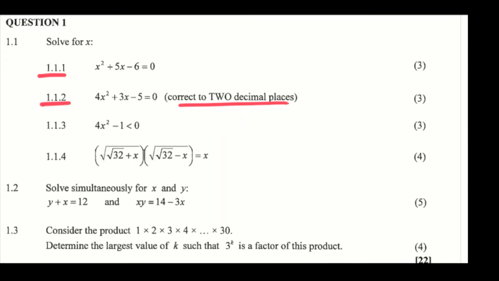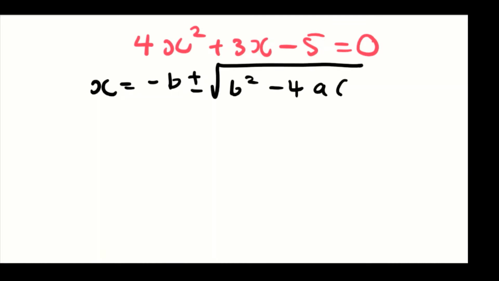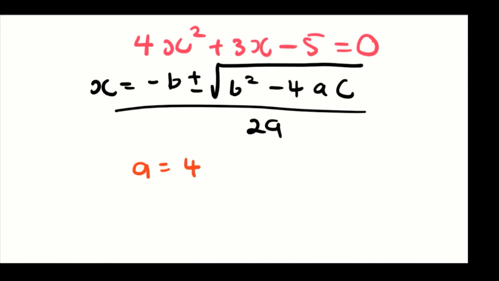So we have 4x squared plus 3x minus 5 being equal to 0, and the quadratic formula is x equals minus b plus or minus the root of b squared minus 4ac, divided by 2a, and our value of a is equal to 4, our value of b is equal to 3, and our value of c is equal to minus 5.